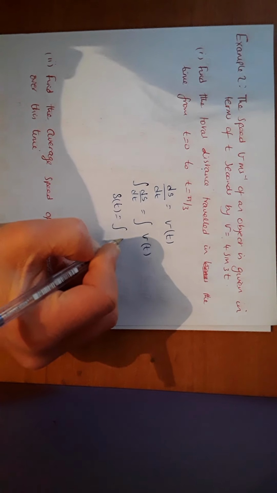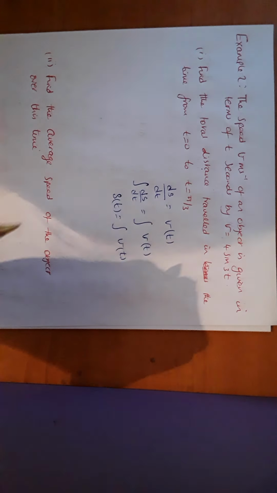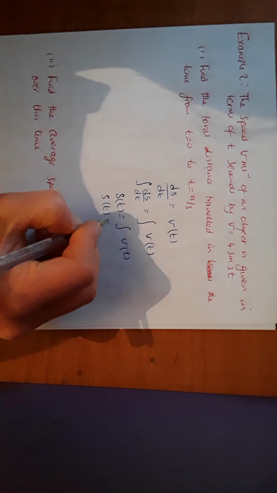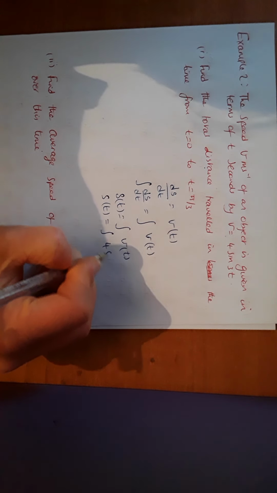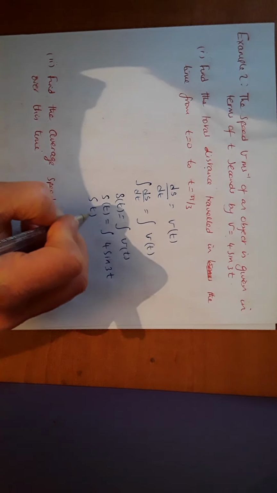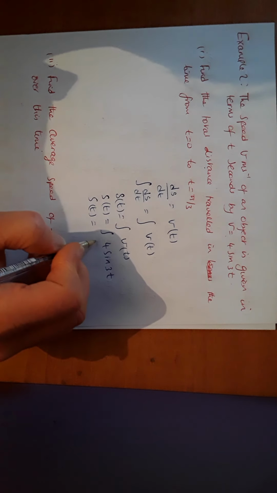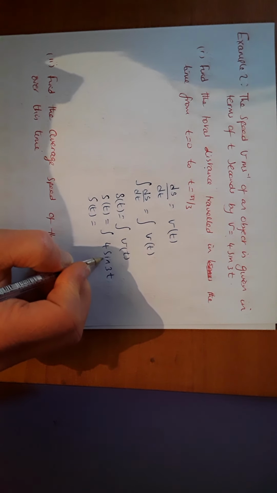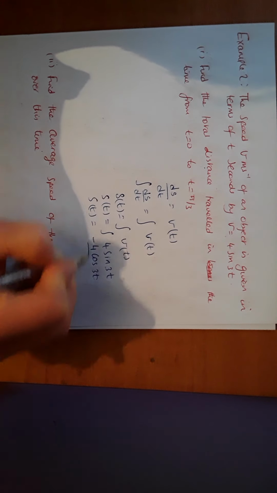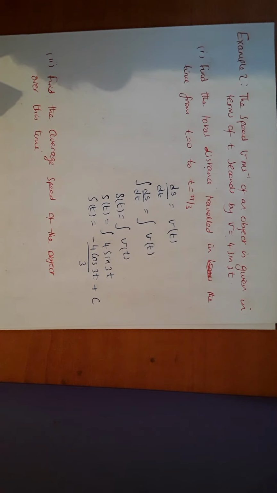So it's integrating v(t). So s(t) is equal to integrating 4 sine 3t. Now integrate 4 sine of 3t, and that's integrate sine and it's minus cos. So minus 4 cos of 3t over 3 plus c, the constant of integration.